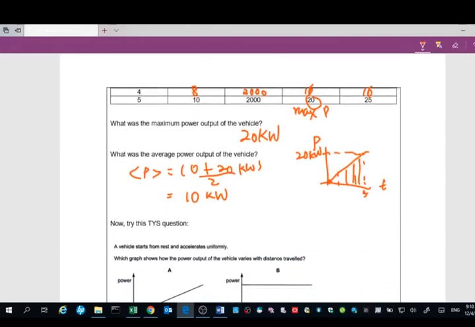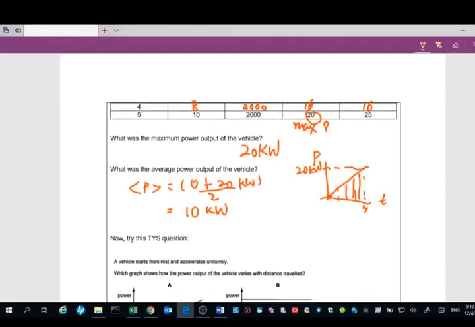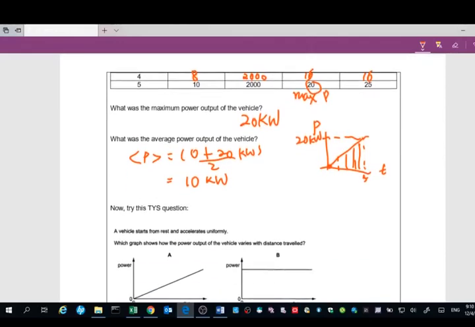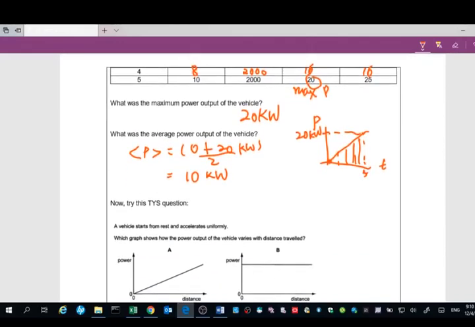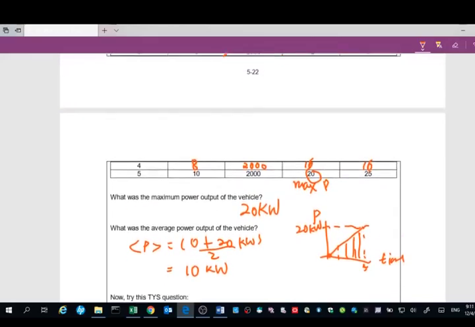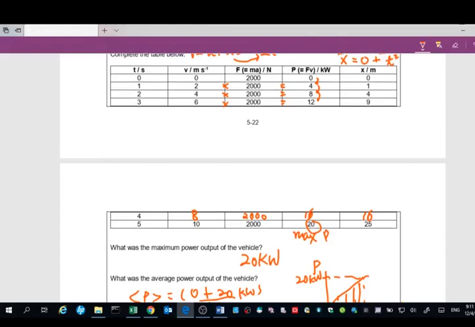Now, what about the next part here? A vehicle starts from rest and accelerates uniformly. It's very similar to what we're doing here, but this time they ask you to plot a graph of power against distance. Now this graph that I drew above here is against time, whereas they ask you about distance here. Now actually you can get an answer from the last two columns here.